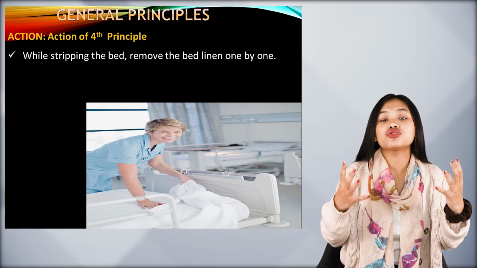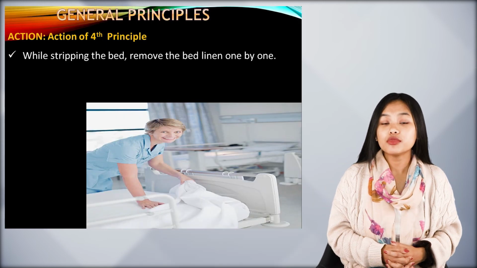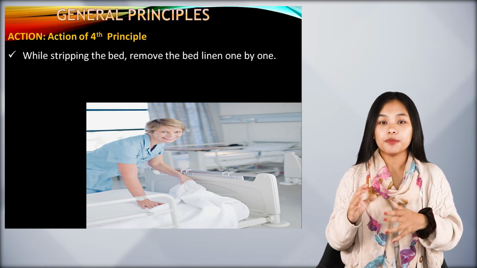You should also arrange the linen in reverse order of use. And the bed sheet must be folded and replaced in such a manner that it can be replaced easily. On the next day when you perform bed making again, while stripping the bed, you need to remove the linen one by one. So these are the actions of the fourth principle.